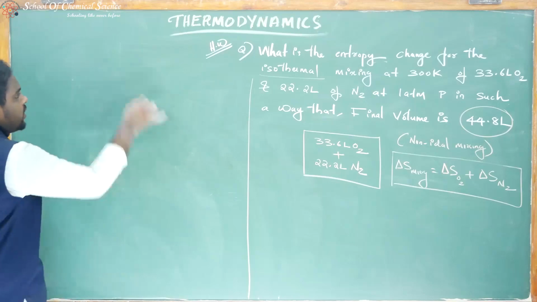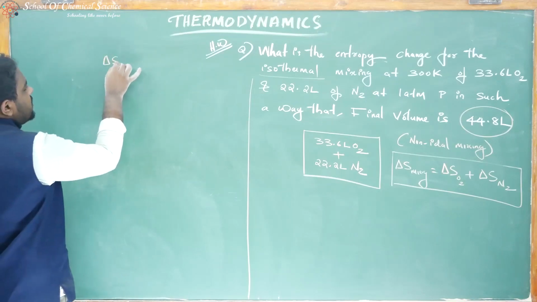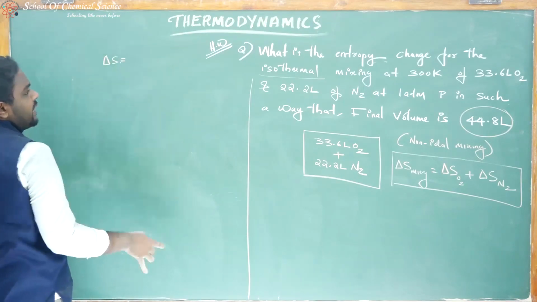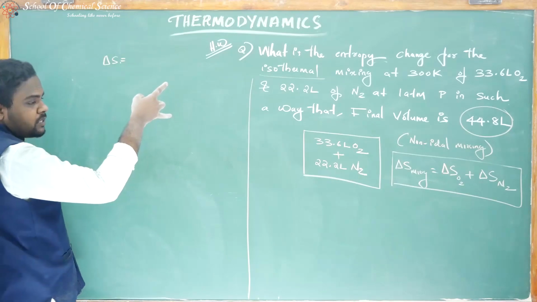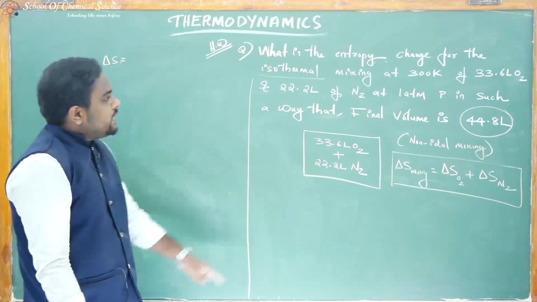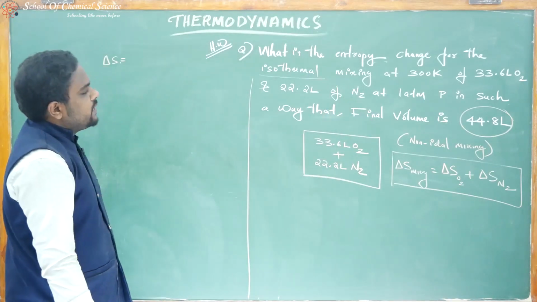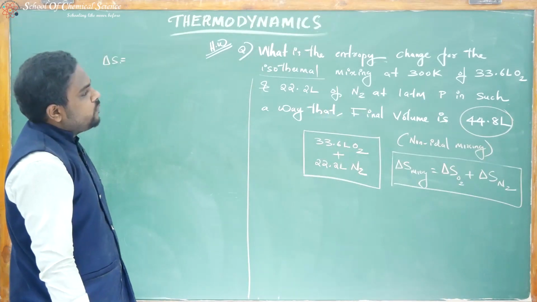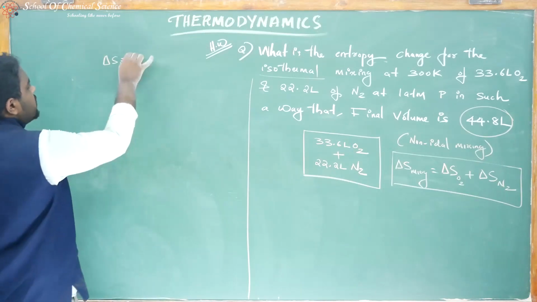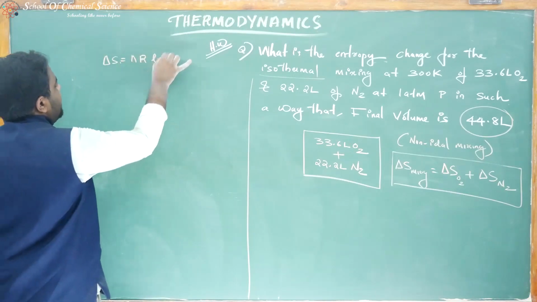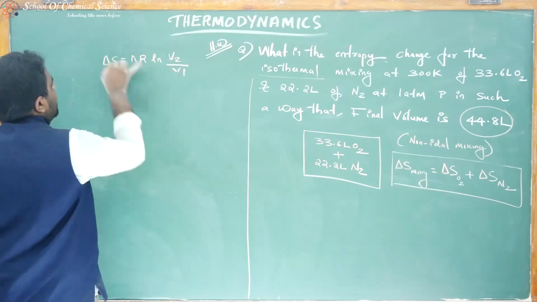Only a hint you have to work out. Delta S equal to, since it is an isothermal process and volume is given, you have to use NR ln V2 by V1.